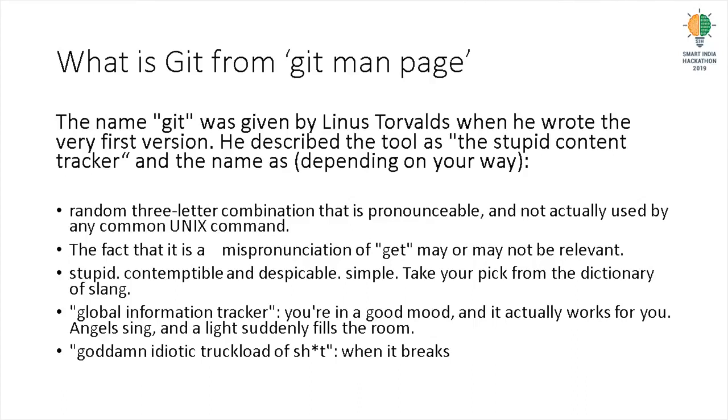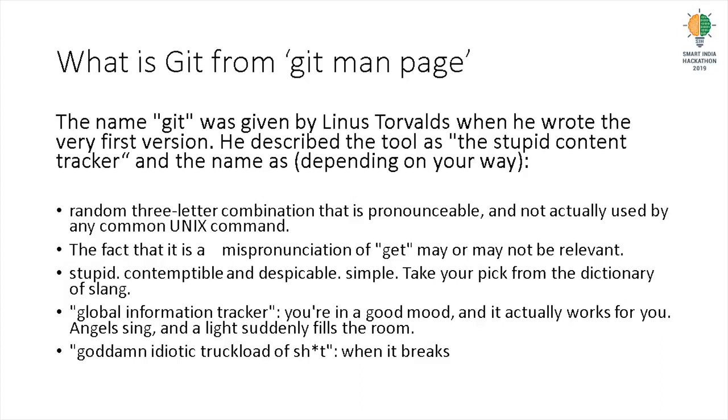He described this Git tool as a stupid content tracker, and the name, depending on how you look at it, can represent various things. It's just a random 3-letter combination that is pronounceable and not actually used by any existing Unix command. The fact that it is a mispronunciation of get, because you are trying to get files from your version control, may or may not be relevant.